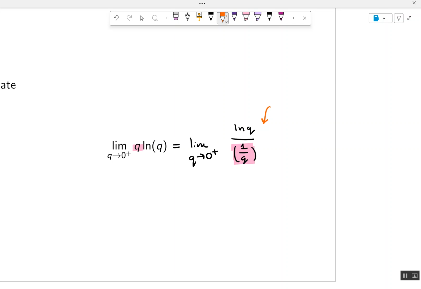So as q approaches 0, natural log of q is going to approach negative infinity. We can think about that in this way. So e to what power is going to get me closer and closer to 0?